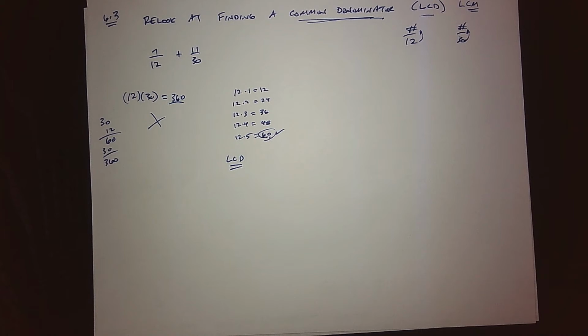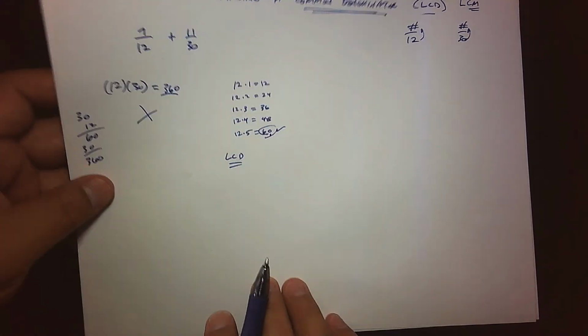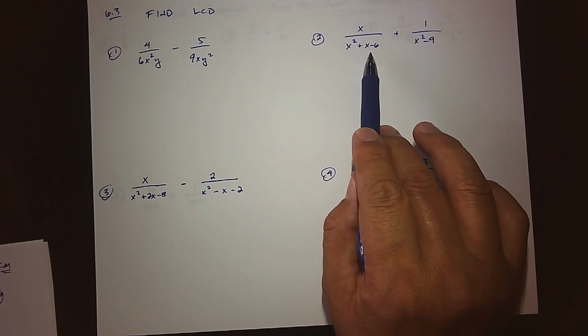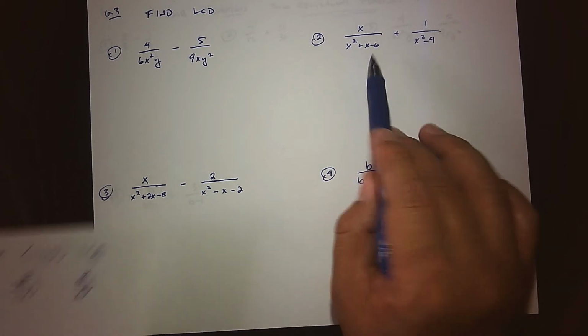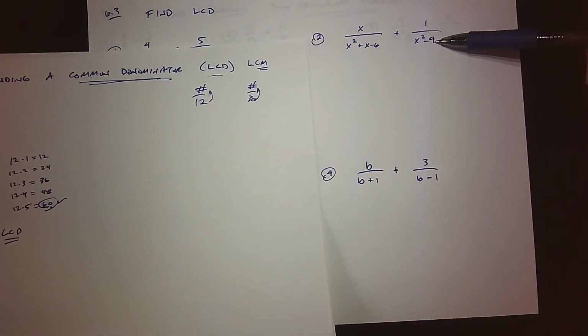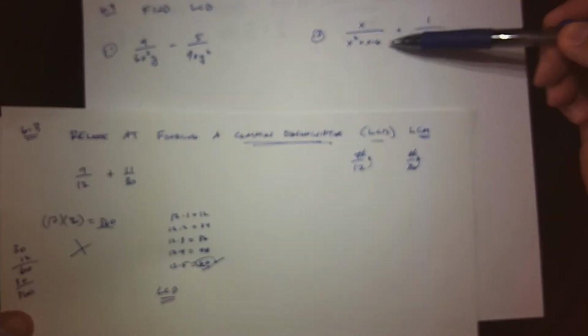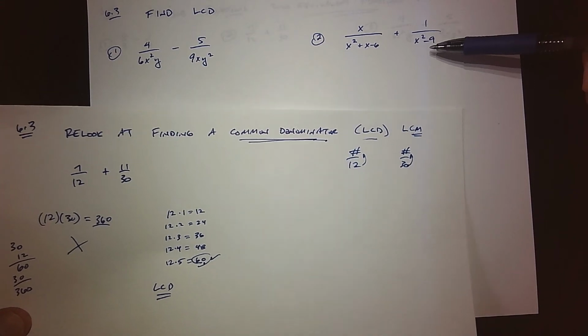However, let's take a look at where we're heading. You eventually have to find the common denominator between x squared plus x minus 6 and x squared minus 9. So what do you start multiplying the x squared minus 9 by to figure out what it's divisible by? If you can figure that out, you're a genius, because it's really hard to do.